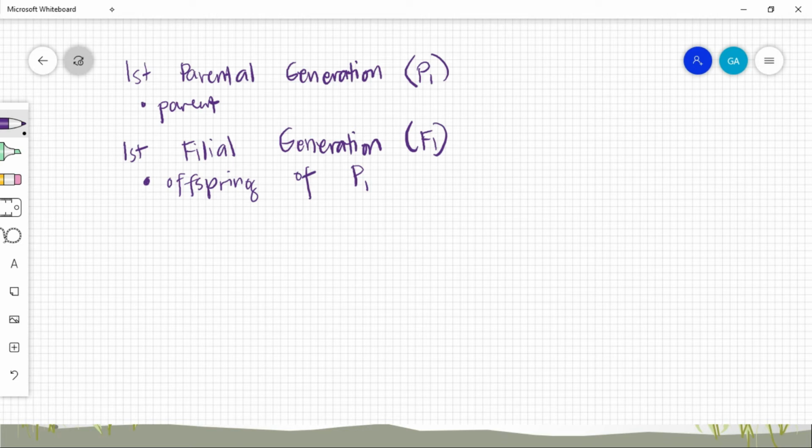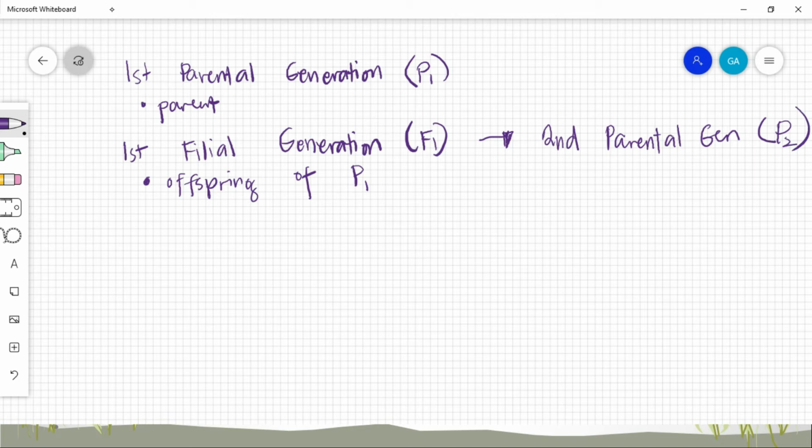Like, for example, your parent is the first parental generation, you are the first filial generation. Kayo yung anak ng parents eh. Okay? So, first filial generation can also be considered as the second parental generation. So, pwede yung P2. Okay?